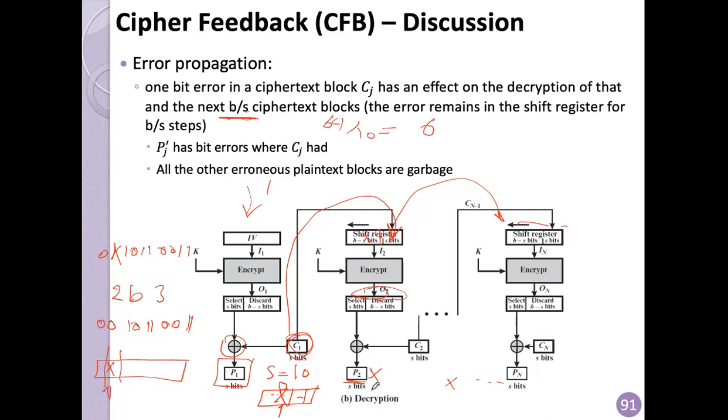The second block is going to be totally garbage. The third block, all the way up to the 7th block, are going to be totally garbage. So we lose 1 bit in the block where the error happened in the ciphertext, and then we lose the whole B over S blocks after this block. So this is the error propagation analysis for this encryption mode.